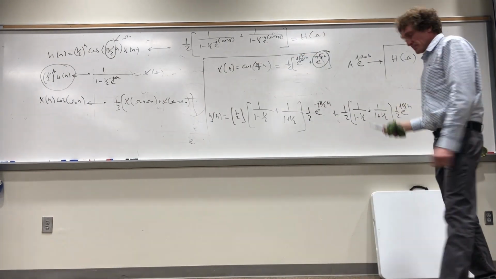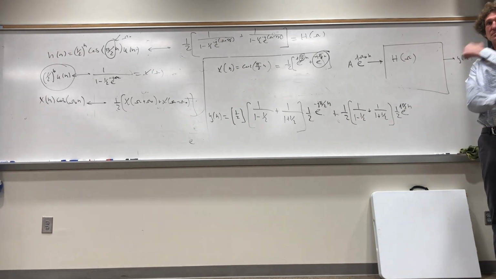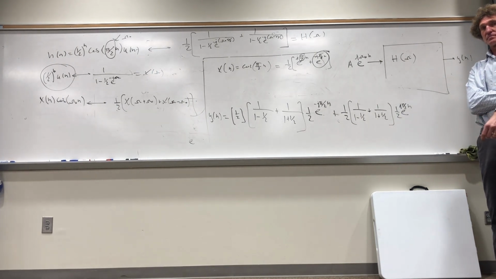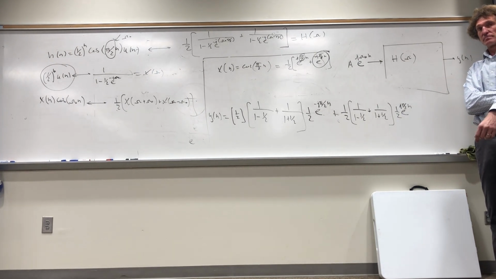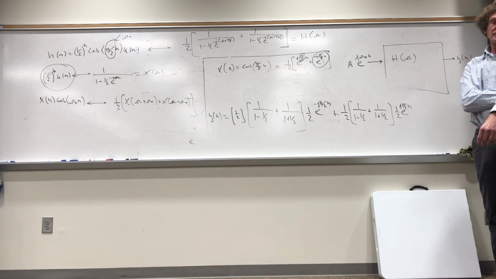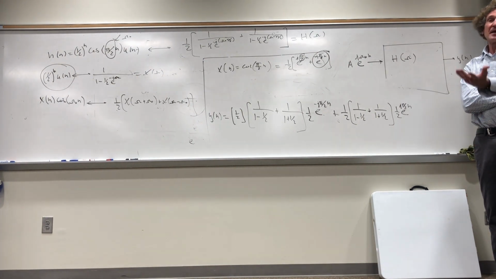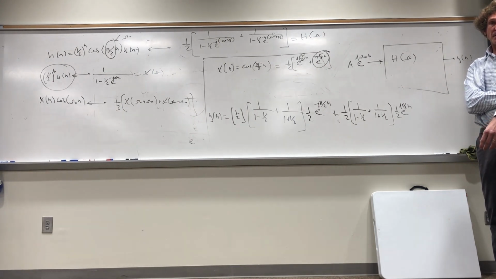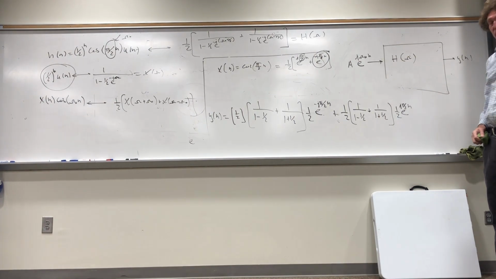Okay, so the magnitude of H of omega naught, that's just plug in H of omega and use omega equals omega naught, right? Since there's no complex part, we don't have to do magnitude stuff. That's the nice thing about this one. It's strictly real.